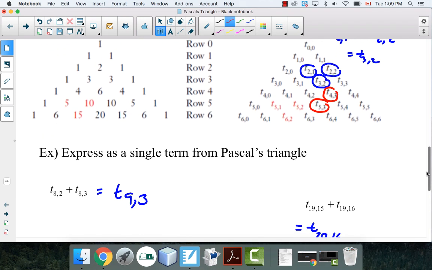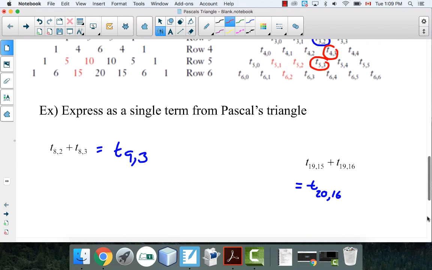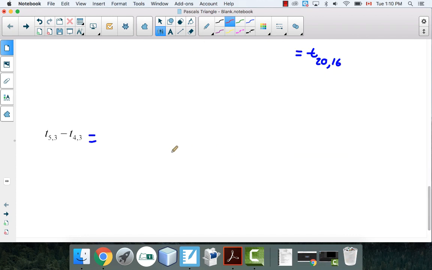So sometimes you have to look at the little chart just to sort of visualize what's happening here. So this would be t4, 2. And again, what you could do if you absolutely had to is rearrange this. You would know that t5, 3 is going to equal t4, 2 plus t4, 3.